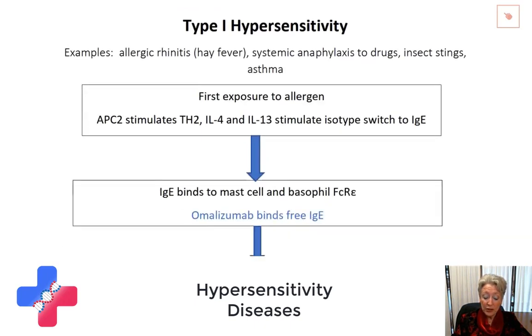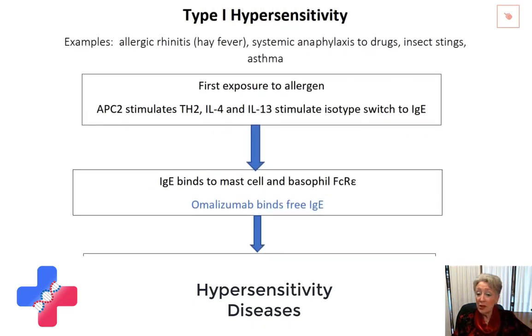Now, going through these in sequence, type 1 hypersensitivity is very common in our society, much less so in the developing world, because if your body is kept occupied as it should be, handling parasites with the production of IgE, then you don't have time to waste your effort making IgE against things like dust or dander or pollen.